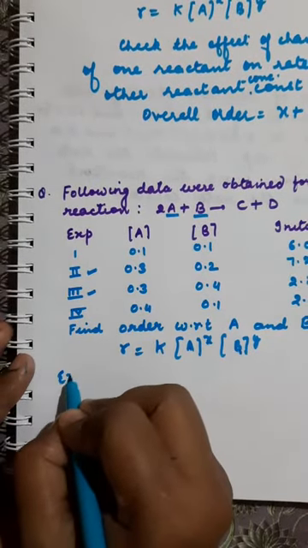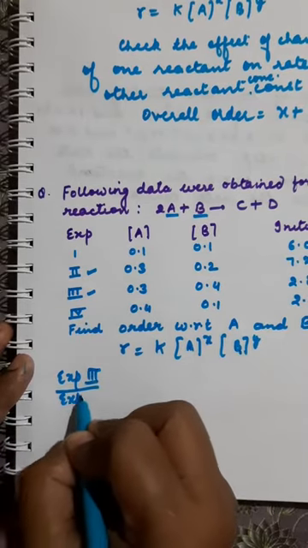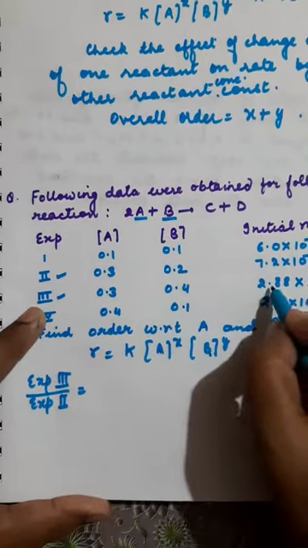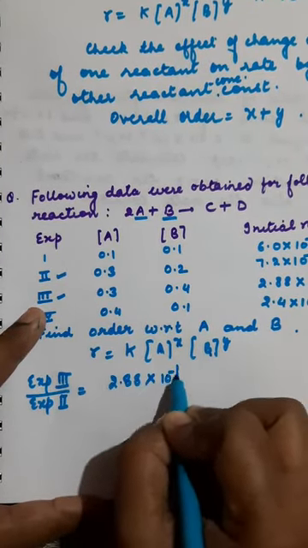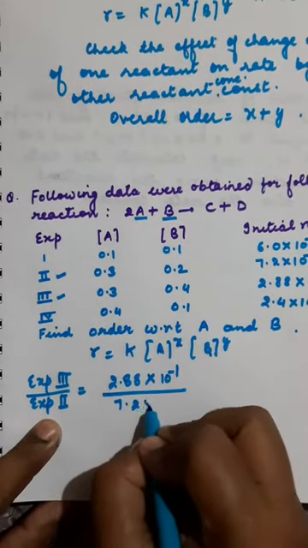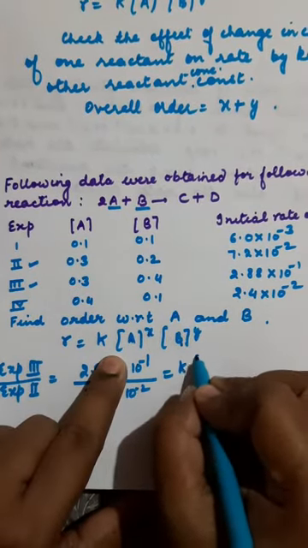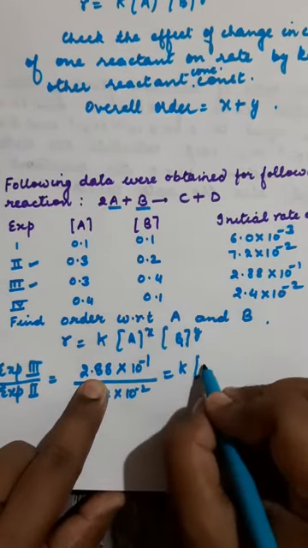So experiment third upon experiment second. What is the rate? Rate is given for third as 2.88 into 10 power minus 1, upon the rate for experiment 2, 7.2 into 10 power minus 2, is equal to. Now we will put K. What is the concentration of A and B for this third experiment?